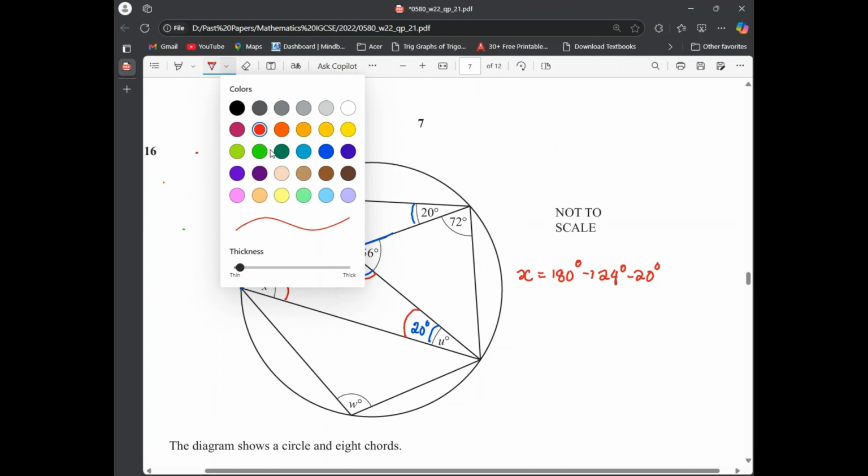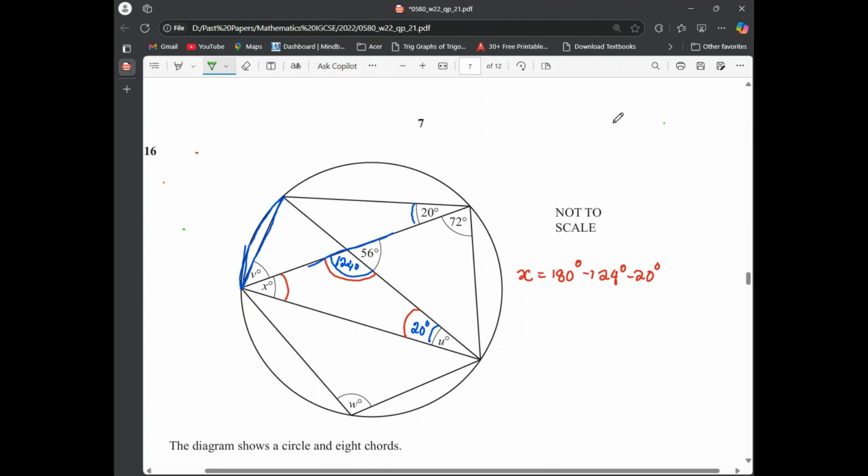Next angle that I need to find. Let's see. Right, we've got that, we've got that. I've got this angle here, which is given as 72 degrees. This arc here subtends that angle, and it also subtends this angle.